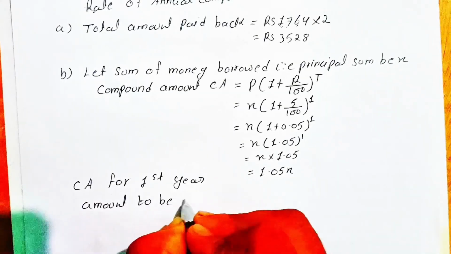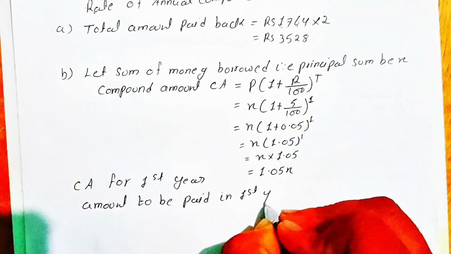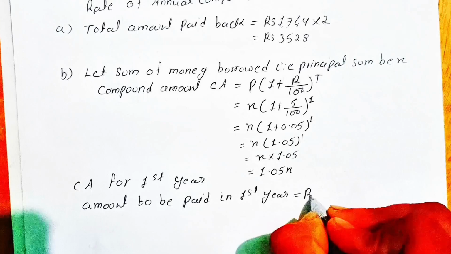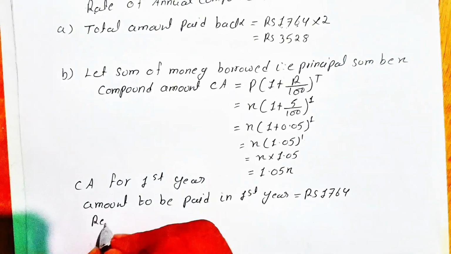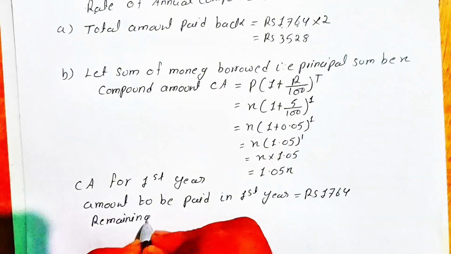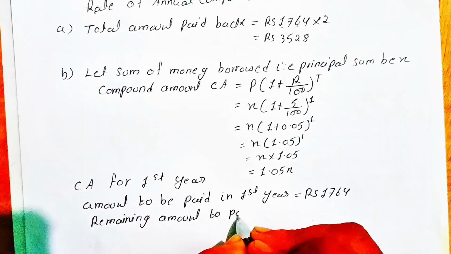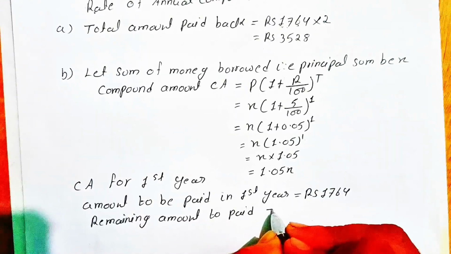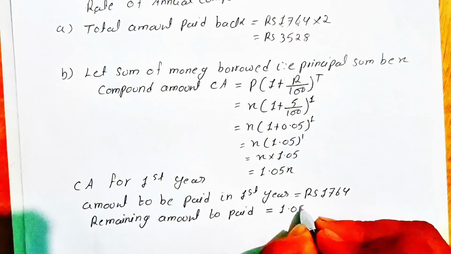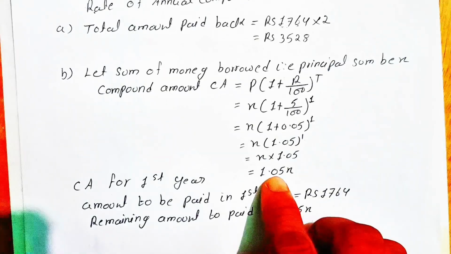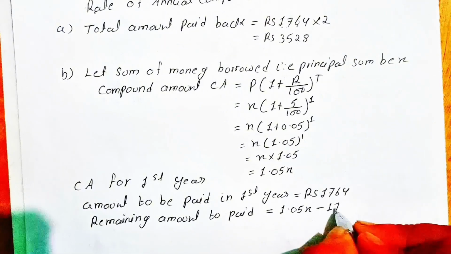The amount to be paid in the first year is Rs1764 as the first installment, and the remaining amount to be paid is equal to 1.05x, the total amount of the first year, minus the installment of 1764.